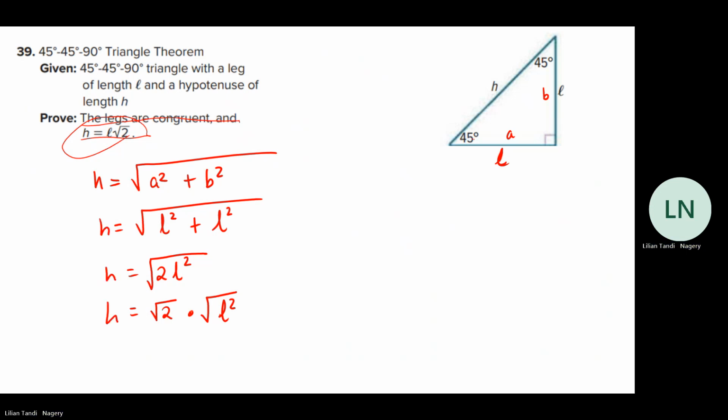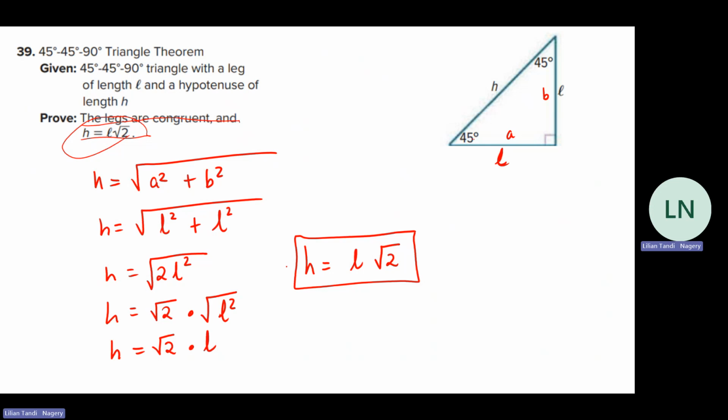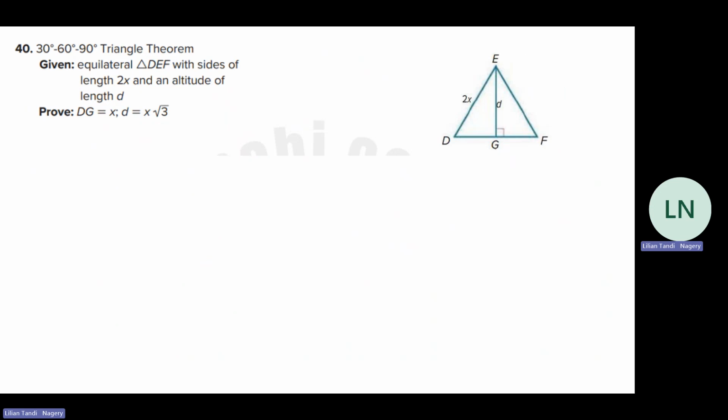Don't change the square root of 2 to a decimal, leave it like that. H equals square root of 2 times L, since the square root of L squared is L. So yeah, there we have proved H equals L square root 2. Okay, there.